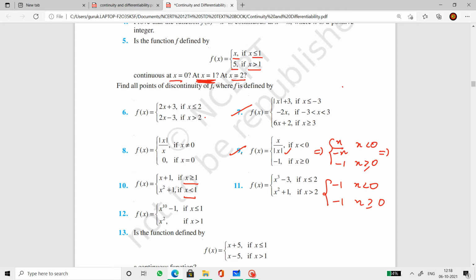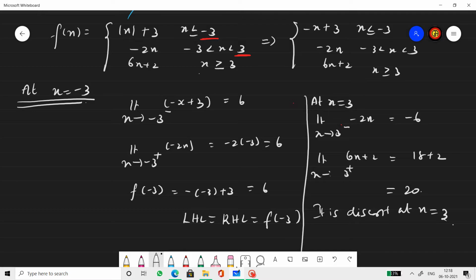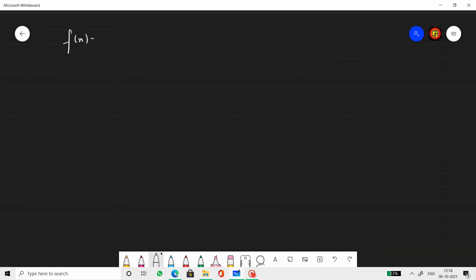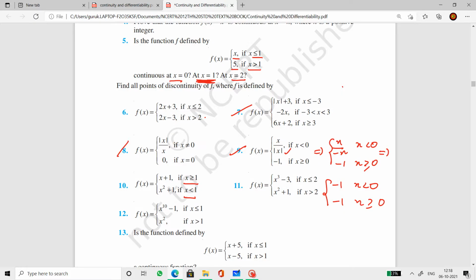Now when you see question number 8, there is no less than or equal to, right? So here we can use method 1, but it's mod x by x. So I would like to do the 8th one also. It says f of x equals mod x by x when x is not equal to 0, and 0 when x equals 0.